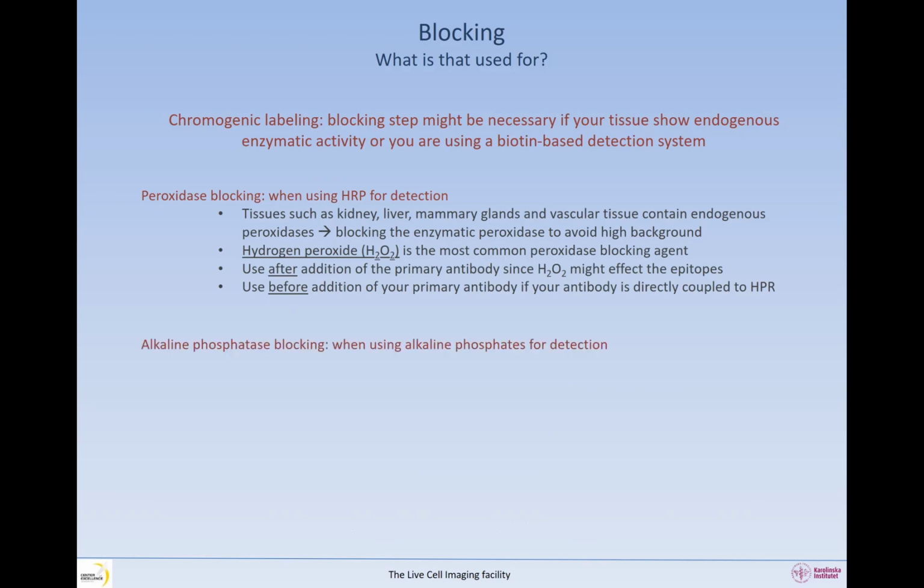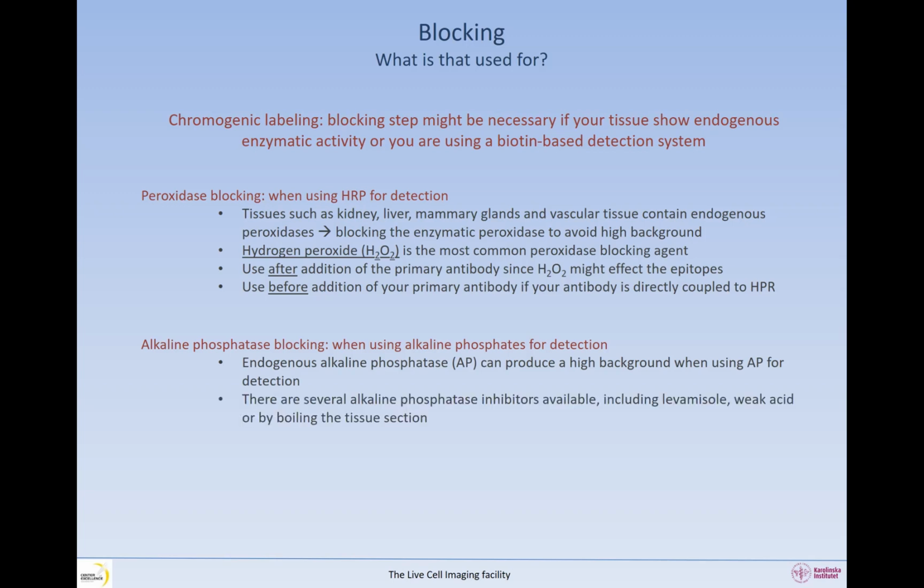You also have to do the same if you are using alkaline phosphatase detection, because some tissues have quite a lot of alkaline phosphatase. And of course, there are several blockers available. Levamisole is the one that is most widely used, and is usually added together with the chromogenic substrate.